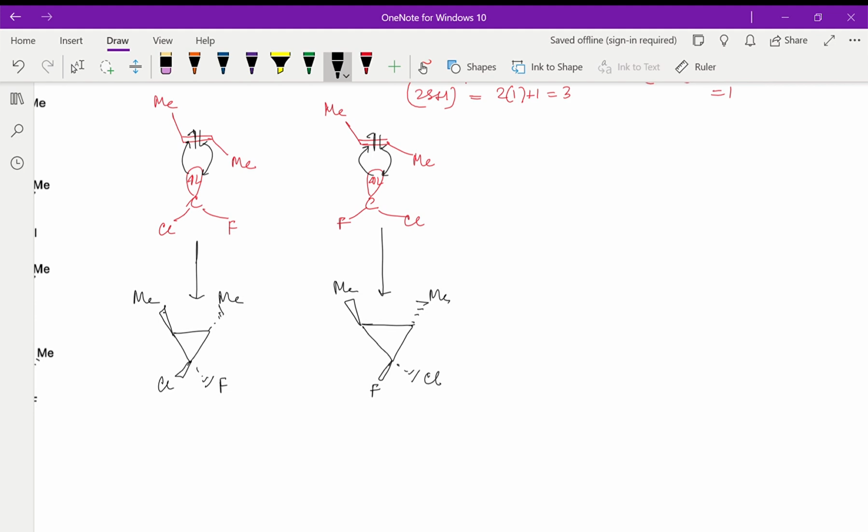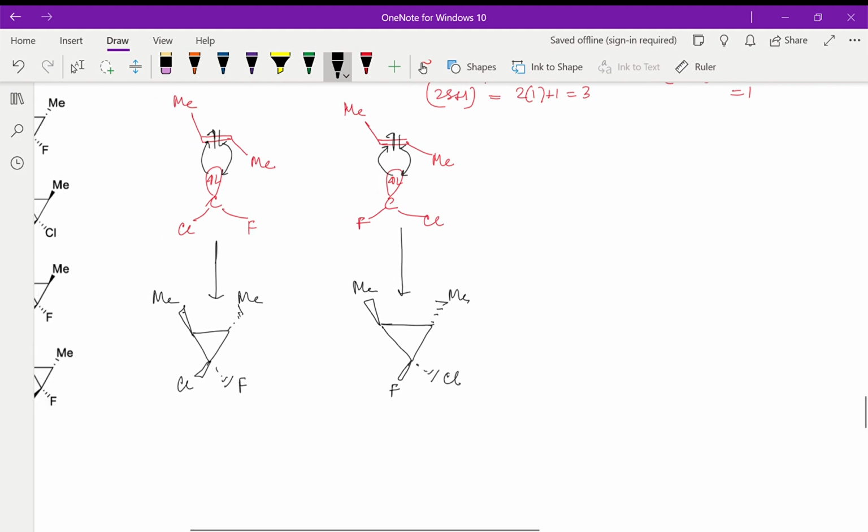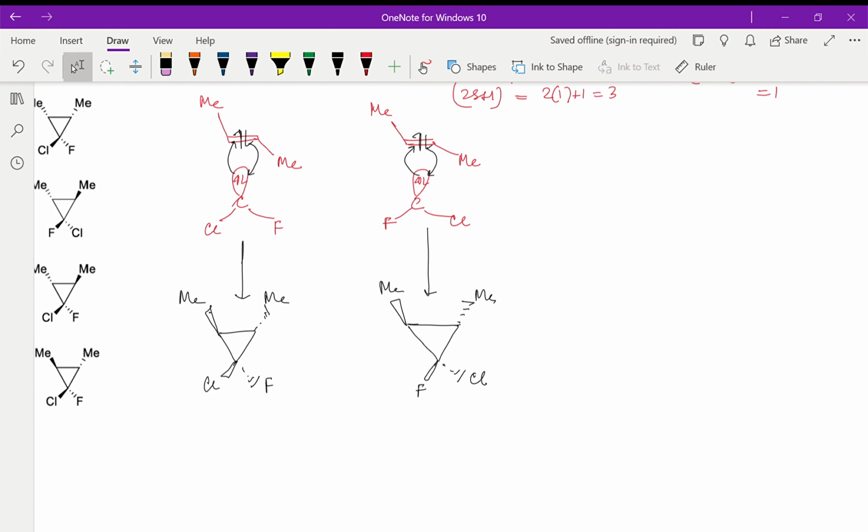Had this been a triplet, then after combination with one of these electrons, suppose this electron is combining with that electron, we would have had an intermediate that could undergo CC bond rotation.